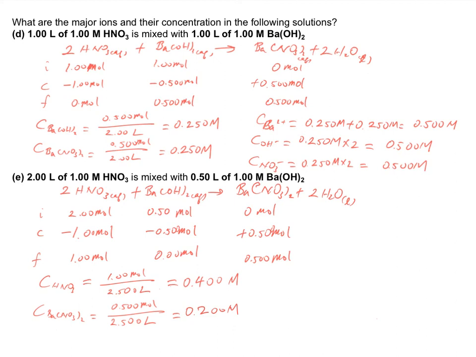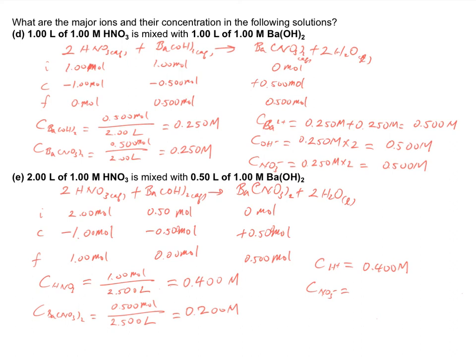So for the concentrations of the three major ions: first, H plus, which is from the dissociation of nitric acid, is 0.400 molar. Second, nitrate has two parts. One is from nitric acid, and another part is from barium nitrate.